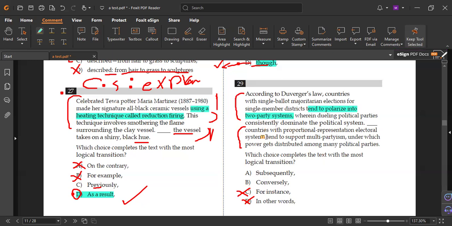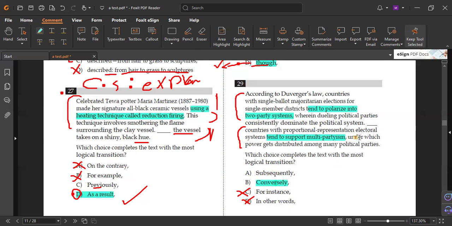Countries tend to support multi-partism. Here countries use only two parties for government, and here he used many parties. Let's make a comparison between this country's use and this country's use. So this is called conversely. Converse means in contrast, in comparison.